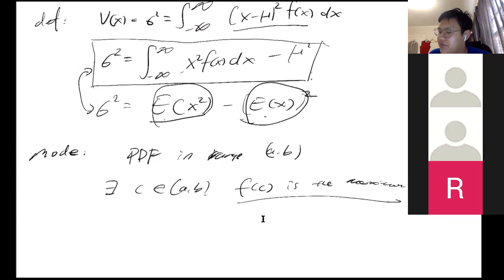When f(c) is maximum, we know that c is the highest frequency of appearance. So c is the mode. We will go into detail with more concrete problems.